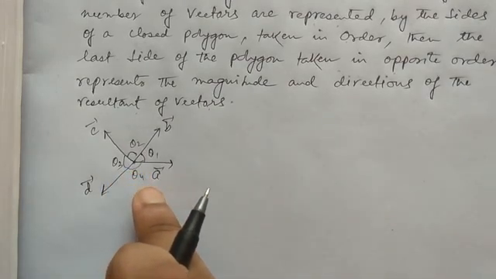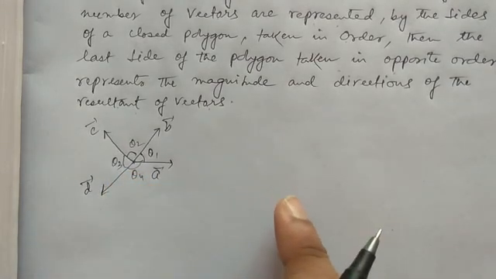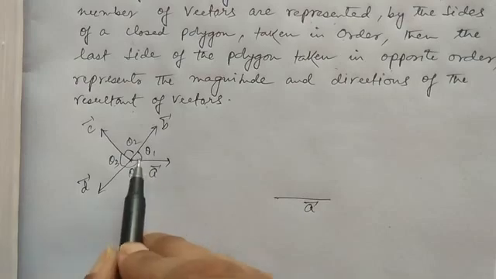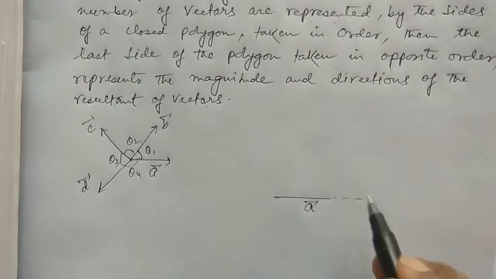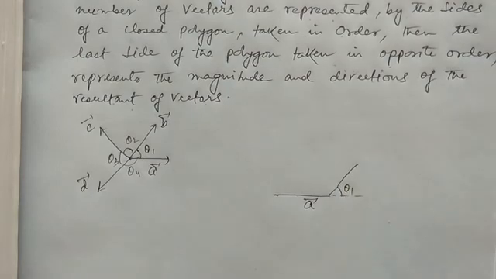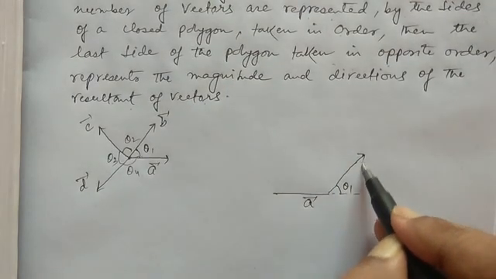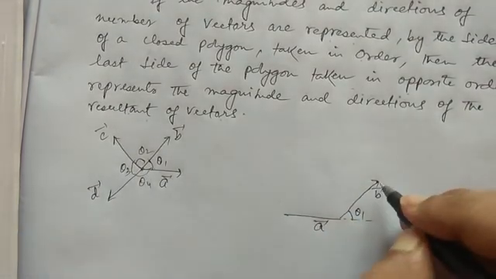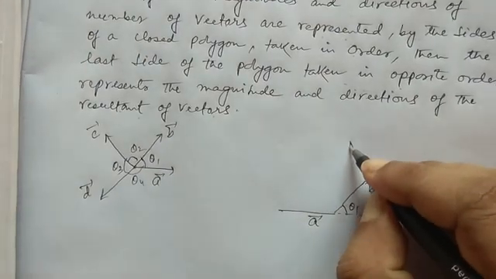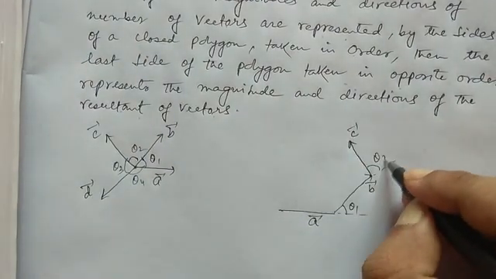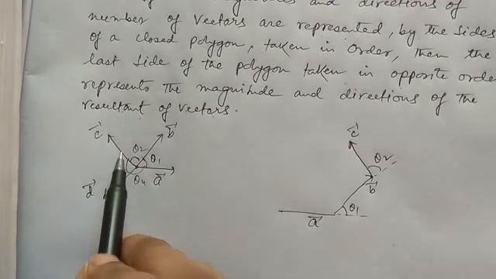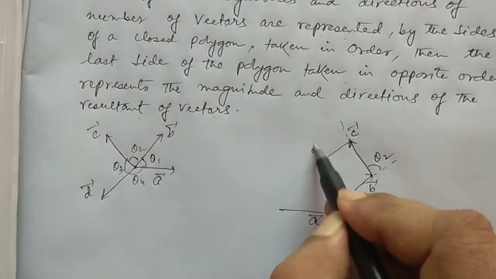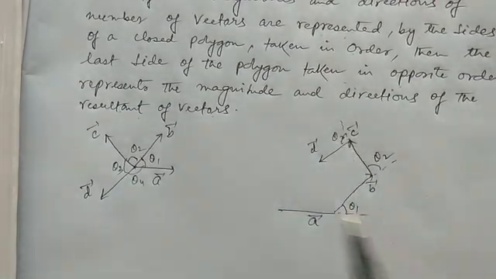We first have to represent this set of vectors in the form of a polygon. So this is A. The angle between A and B is theta 1, so this is vector B. Again, the angle between B and C is theta 2, and this is C. The angle between C and D is theta 3.